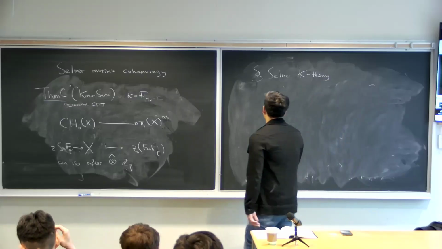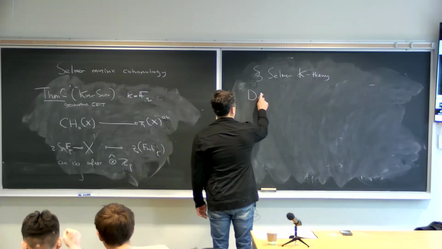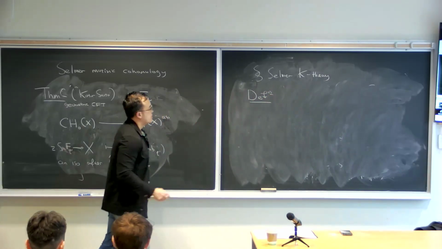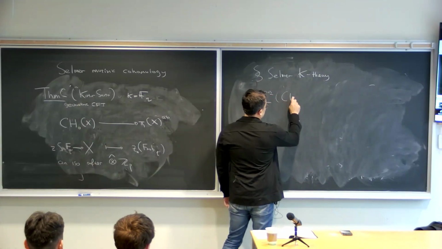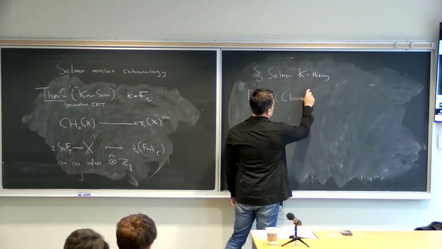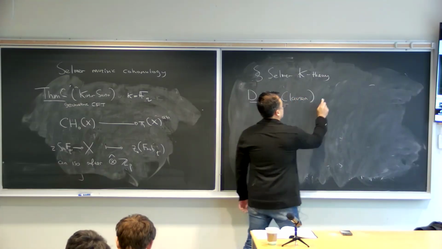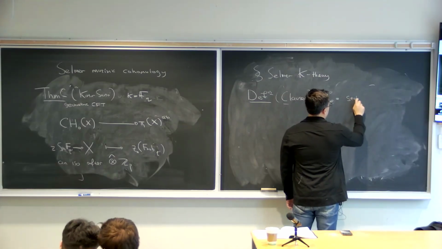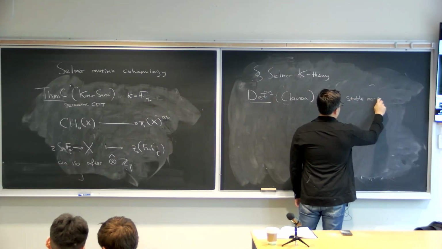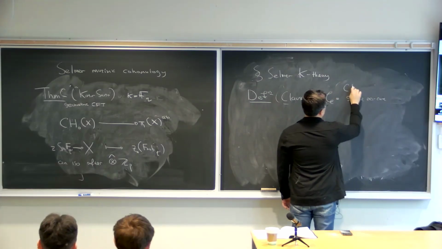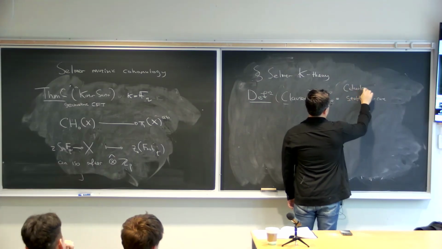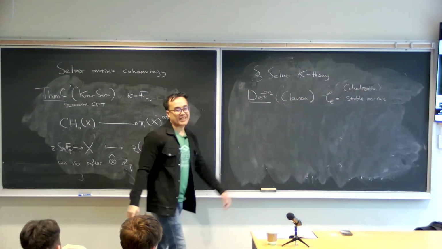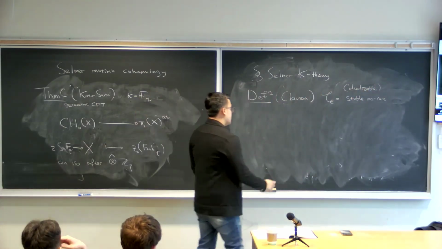Here's the definition. This is due to Dustin, starting in his thesis. C is a stable infinity category, I guess nowadays it's fashionable to say dualizable, but whatever, anything you can take K-theory of.